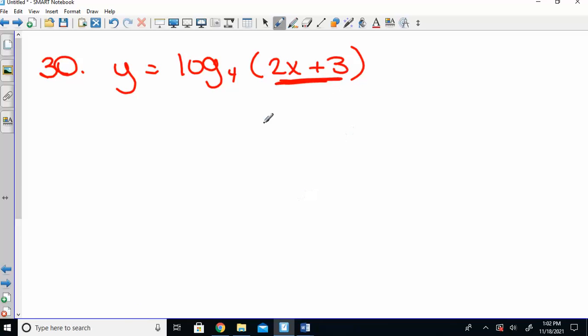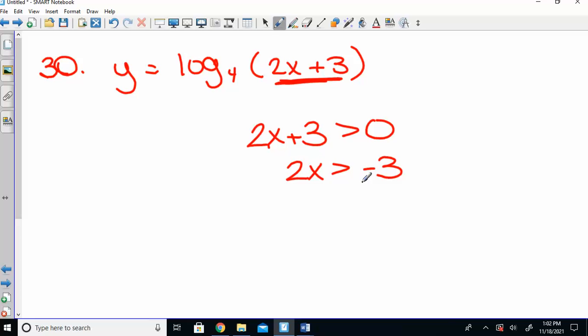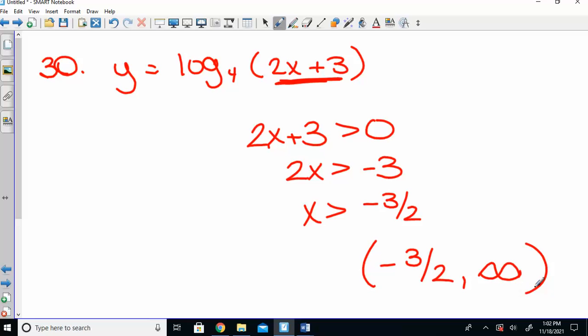So that means the argument, the 2x plus 3, has to be greater than 0. So 2x has to be greater than -3, x has to be greater than -3/2. So that would be -3/2 to infinity. Can't equal the -3/2 because you can't do the log of 0. So anytime I ask you about the domain of a log, it's just the argument, whatever's in the parenthesis, greater than 0.